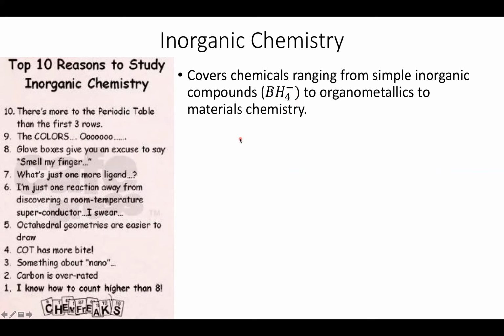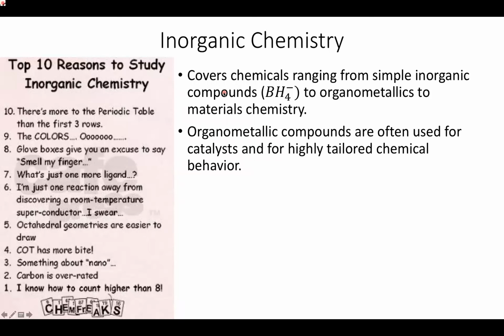But it goes all the way up to materials chemistry. This would be things such as looking at alloys and metals and nanomaterials. Again, most of you should be familiar with the ideas of simple inorganics from general chemistry. However, the details can get quite interesting. Organometallics are typically going to be used for things like catalysts.